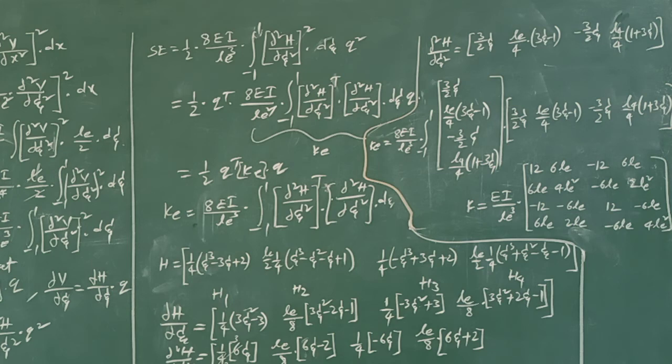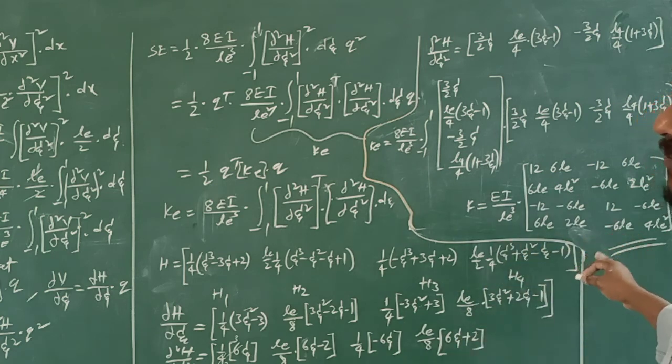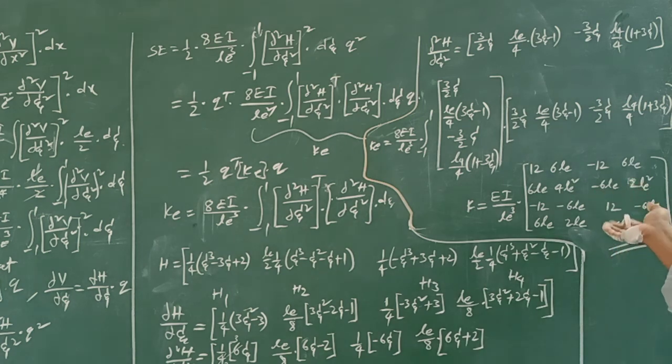So finally we got this equation. This is the stiffness matrix for the beam element. It has 2 nodes, so we will get the 4 by 4 matrix easily by using this relation.